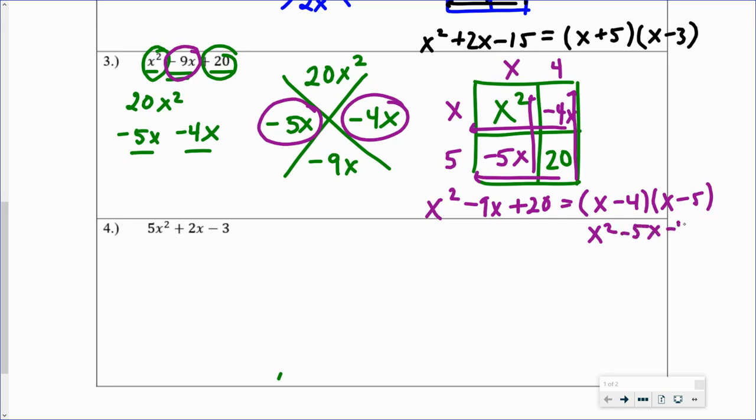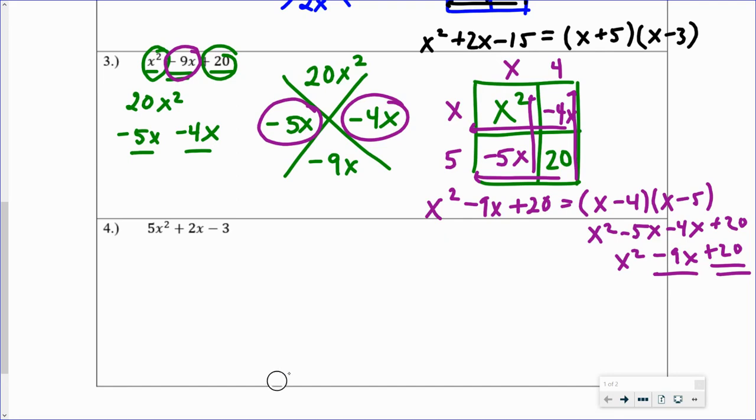Negative 4 times x is negative 4x. And negative 4 times negative 5 is positive 20. And this is why we have to make both of those constant terms negative, to make the middle term negative and the constant term positive.